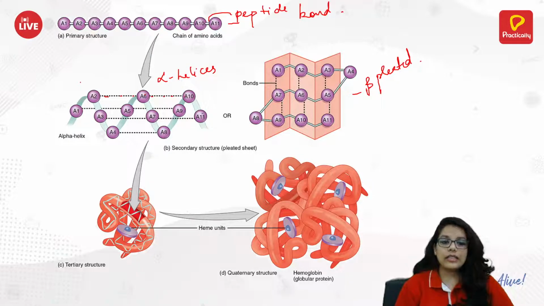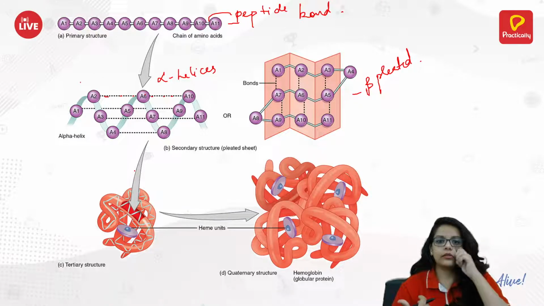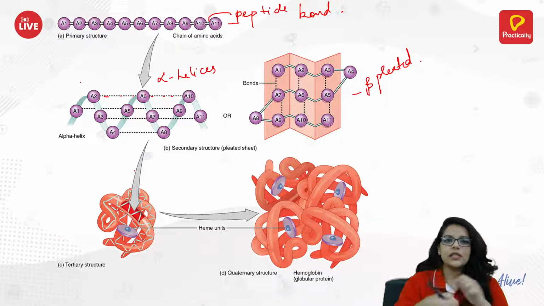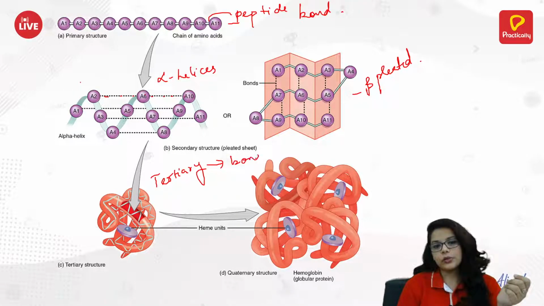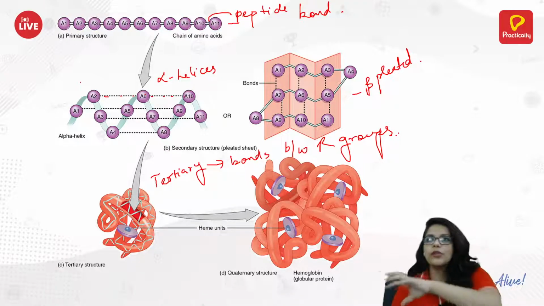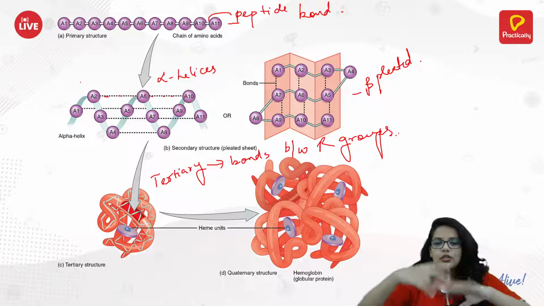Now these will then twist and turn among each other and form the tertiary structure. How will they twist and turn? With the help of the bonds between R groups, forming disulfide linkage, hydrogen bond, ionic bond, they'll twist each other.